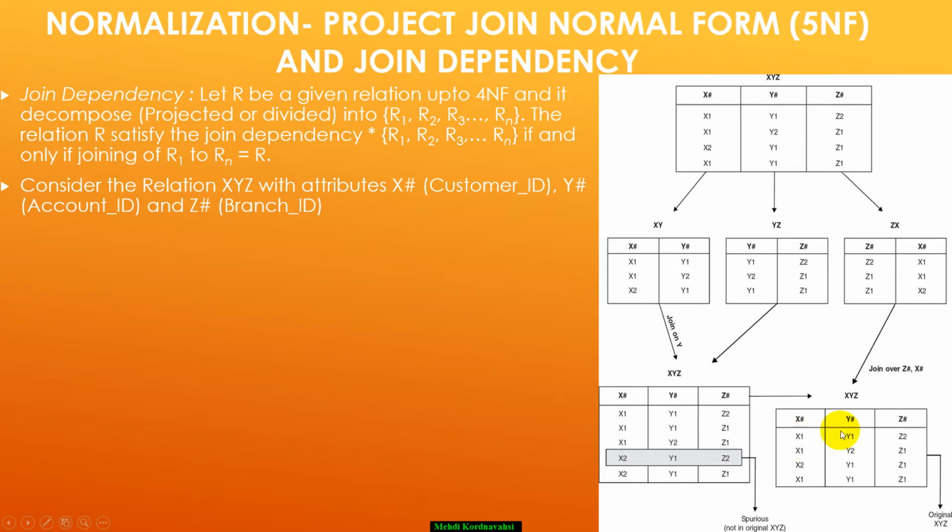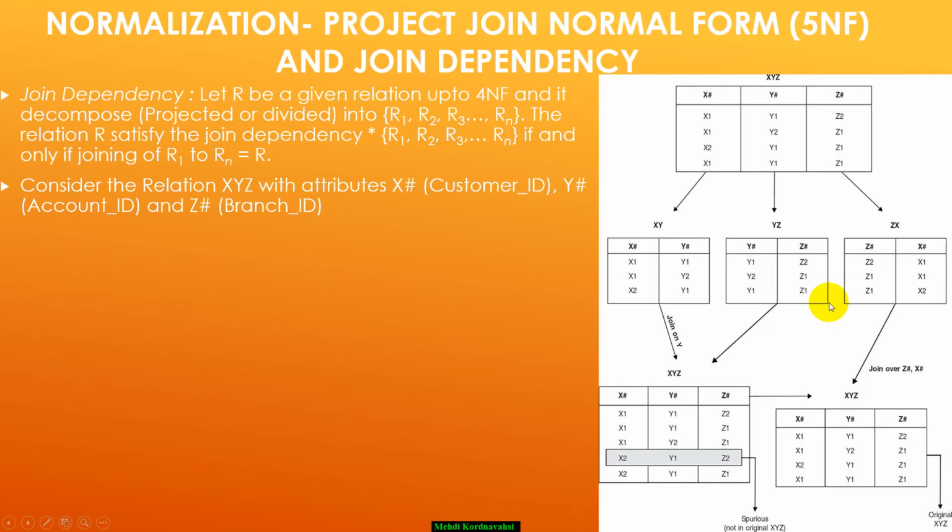So x1, y1, z2. x1, z1, we have y2, x1, z1, y2, and x2, z1, y1, x2, z1, y1, and we have x1, y1, z1 also.